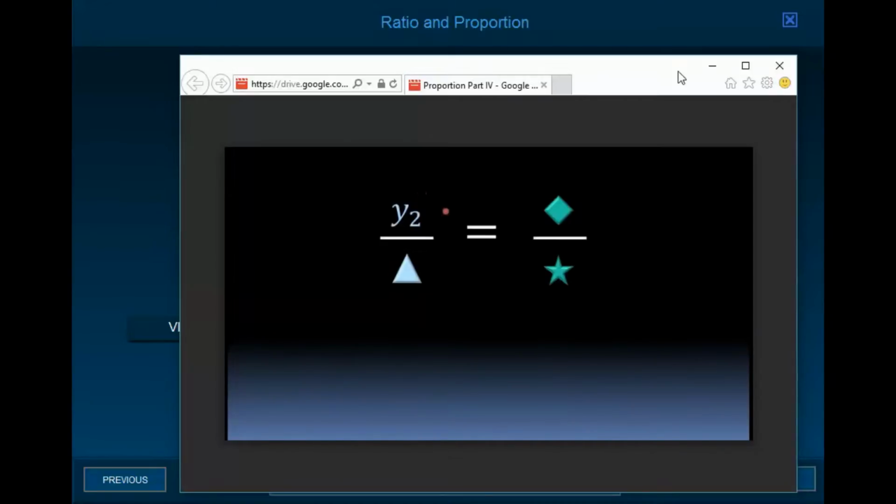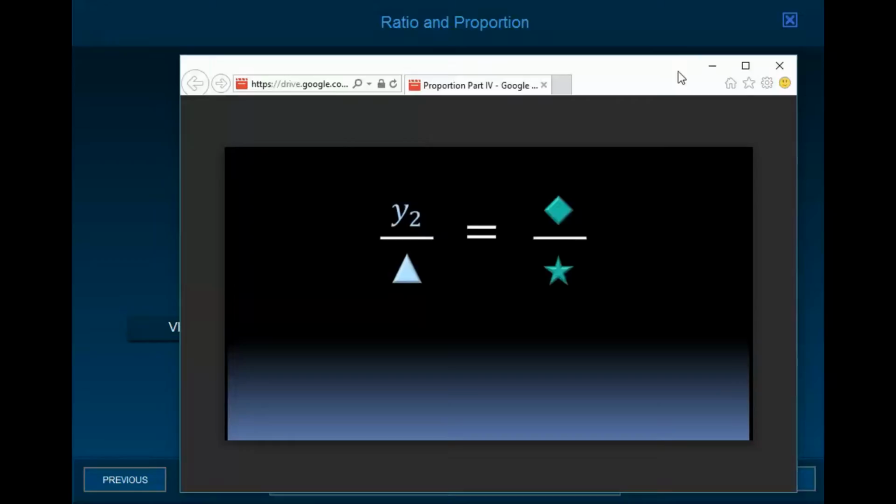We have y sub 2 over the triangle. Y sub 2 is being divided by the triangle. We know to make this talk about y sub 2 all alone, we need to multiply this fraction by the triangle.